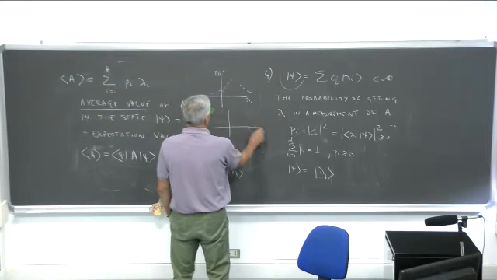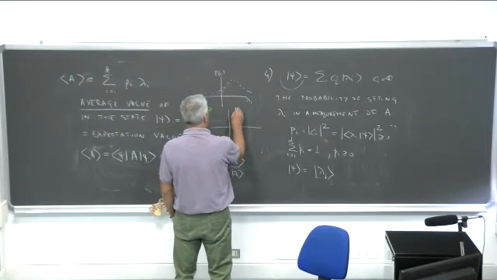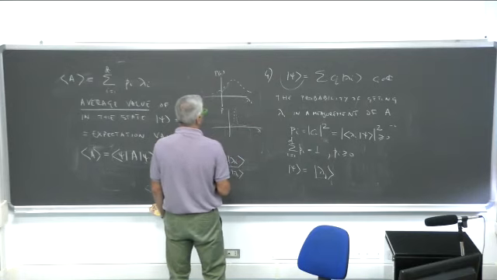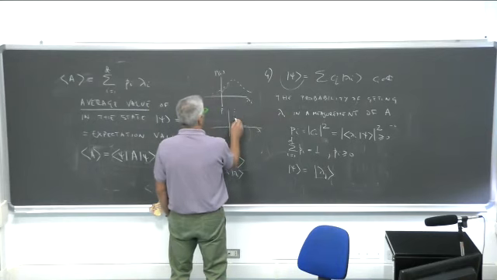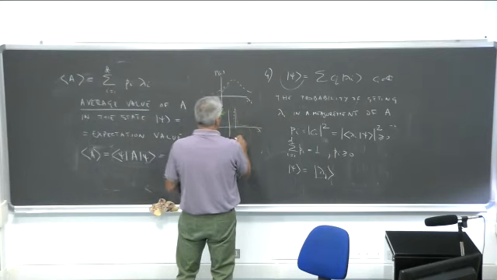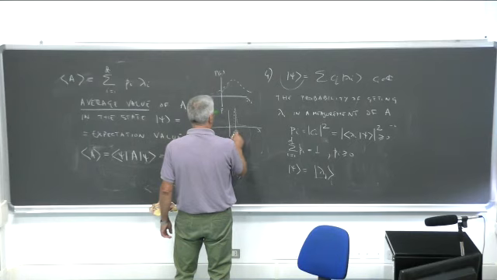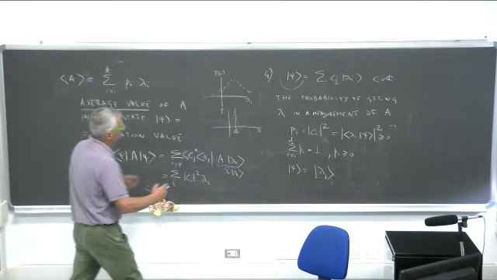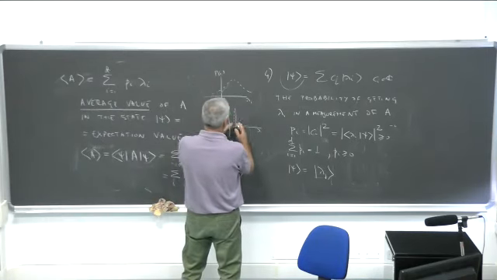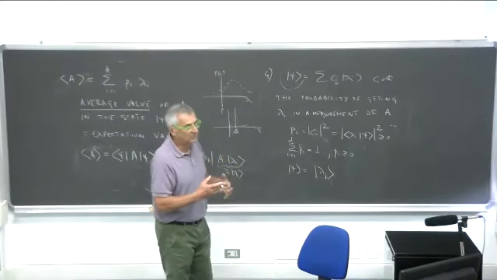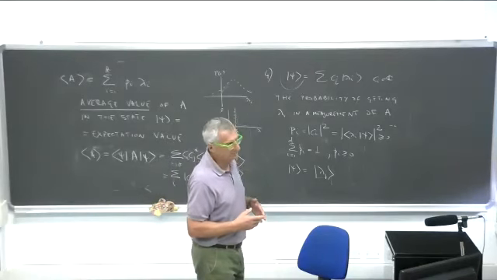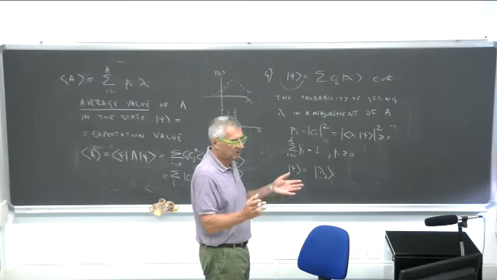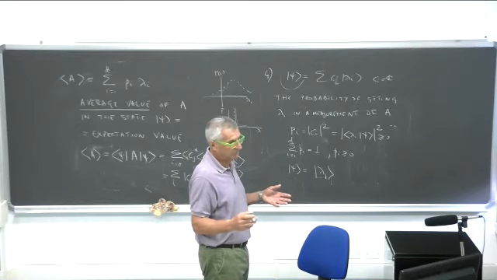If the state is such that the distribution is very much peaked around some eigenvalue, lambda bar, say, then the sharper the distribution, the closer you are to the classical case, because classically there is one value, no spread, no distribution.